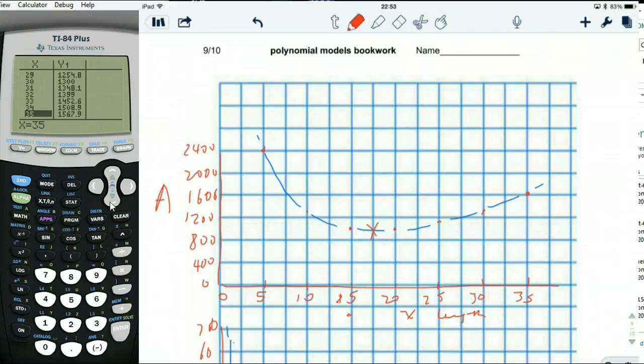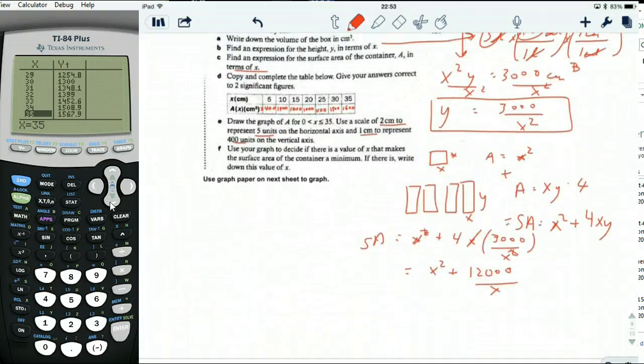And let's see, did they ask us to find it then? If there is, write down this value of x. Okay, now it doesn't really say if we're supposed to use the graph to do that. It says to use the graph to decide if there is a value. Yes, there is. Now, I think it'd be okay to use the calculator to figure this out because it never says not to use the calculator.